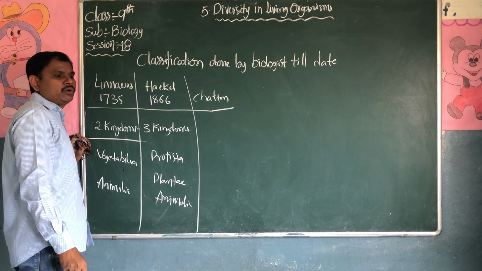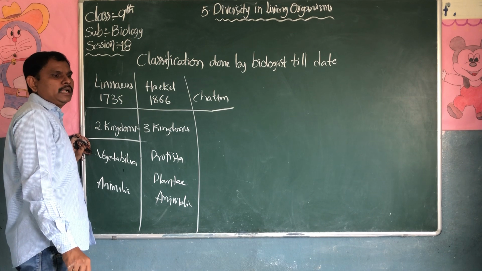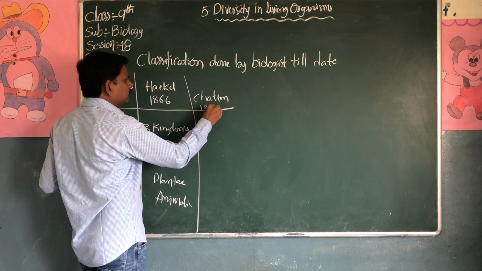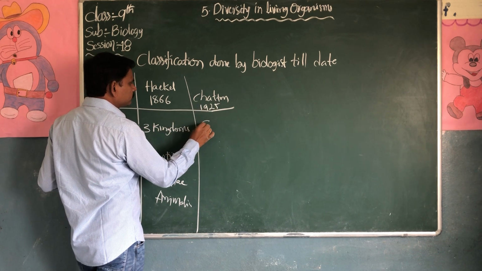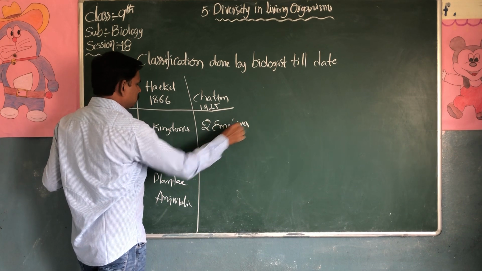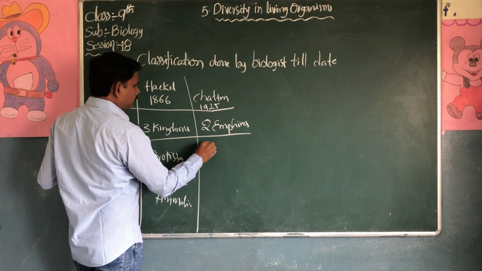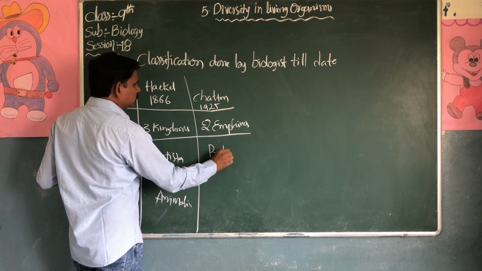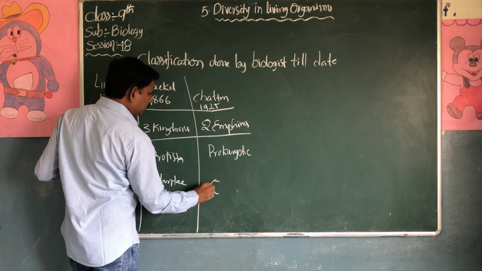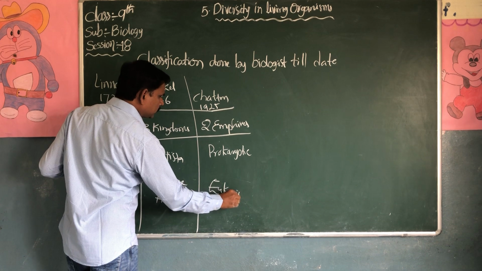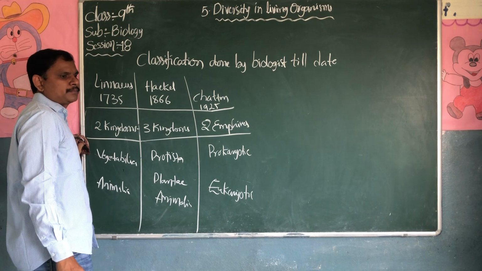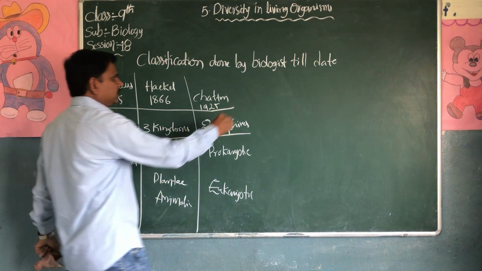He gave two empires, that is prokaryotic and eukaryotic. Prokaryotic and eukaryotic.